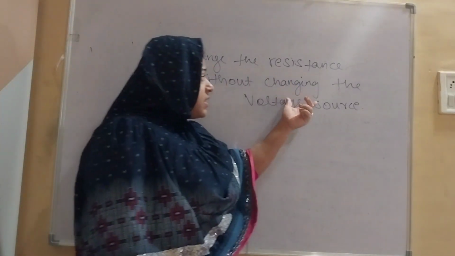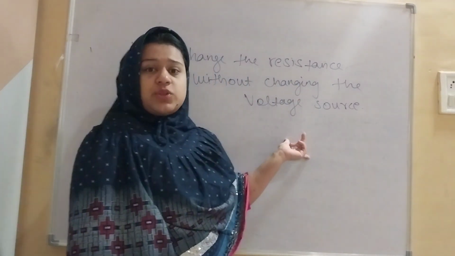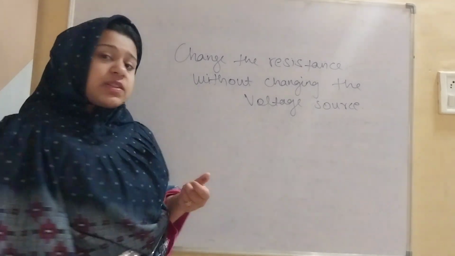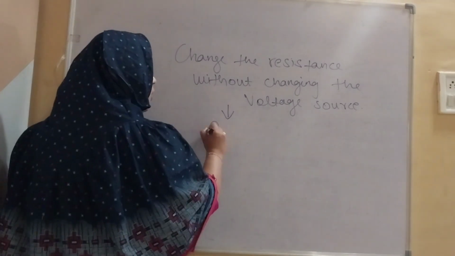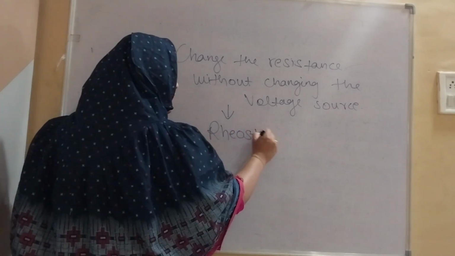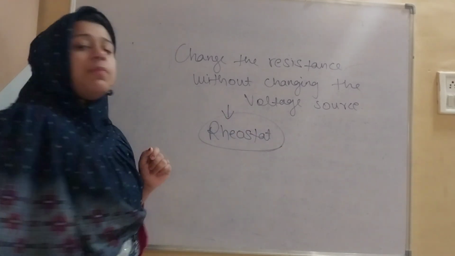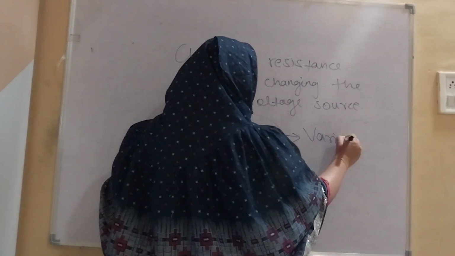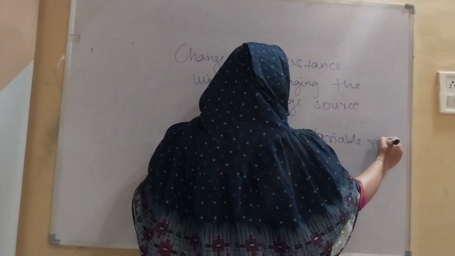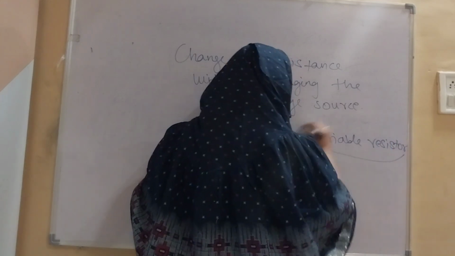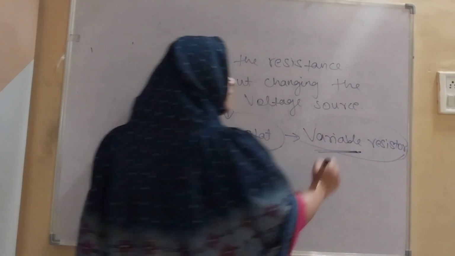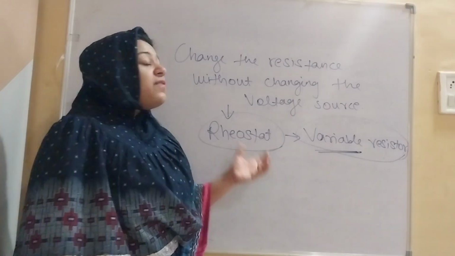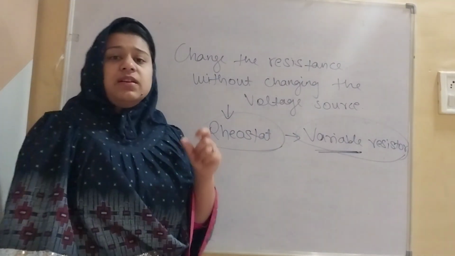So we can change the resistance without changing the cell or battery. So how can we change? We can change with the help of an instrument called a rheostat. Okay, this is known as a variable resistor. So this is a resistor whose value can be varied, can be changed. So with the help of a rheostat, we can change the resistance in the circuit.